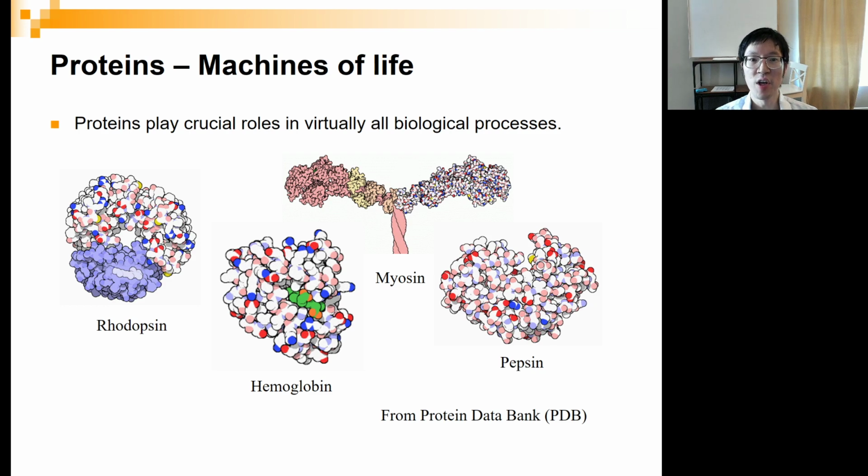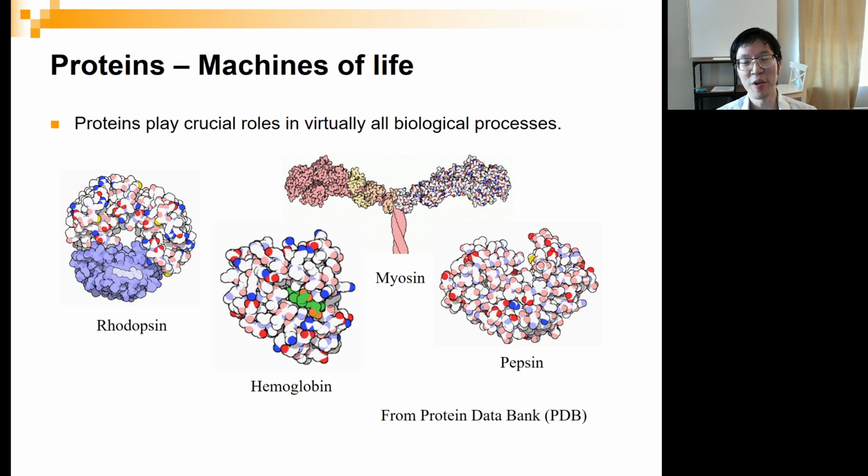Next we have hemoglobin, which we know is a very important protein for blood transport. Next there's myosin, a protein that's crucial for our muscles to contract. And finally on the right we have pepsin, which is an enzyme used for digestion. I trust that all of these proteins are working correctly in your body as you watch me speak.